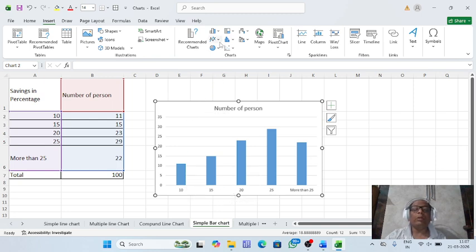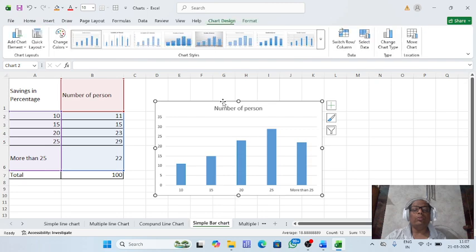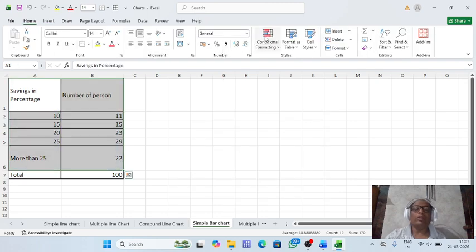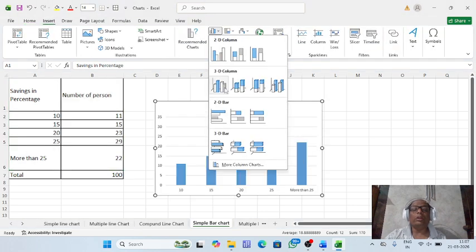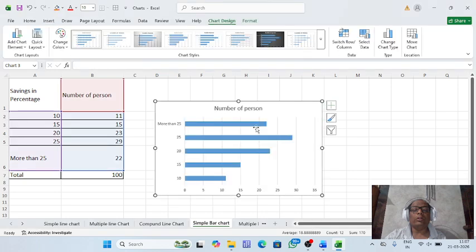The same thing you can apply also: select it, again go to insert, and click here, and then we'll get the data in horizontal form. So this is a horizontal bar chart. Now you can see the number of persons, and the variable is given, and accordingly the bar has been drawn. So this is a simple bar chart.